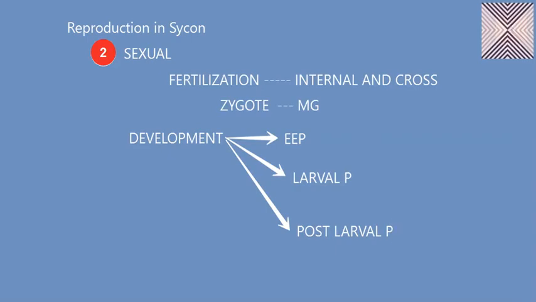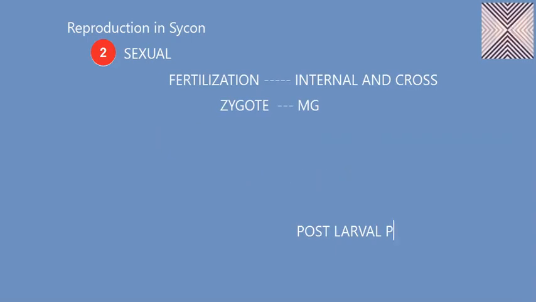So first of all, we should start with the first period, that is the early embryonic period. So if we start with the EEP, first of all we have got the zygote.